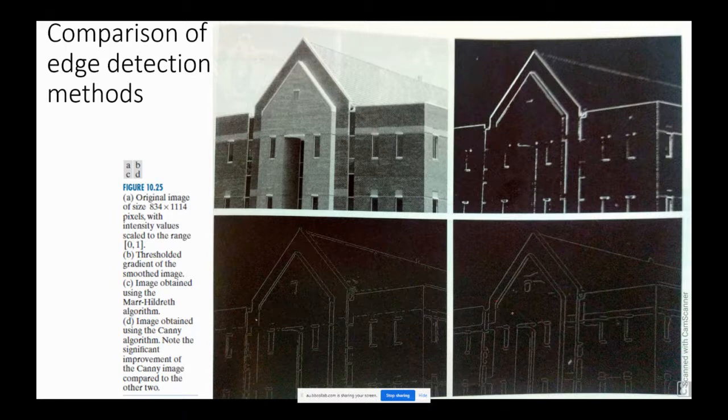This one I had to scan from my book, because in the digital version of the book, this image is just the same as this image. There's basically no difference at all. Whereas in the printed book, you can clearly see that Marr-Hildreth lost some pieces of these edges here, whereas Canny got it all, because it has those algorithms for filling up gaps in edges by following edges.